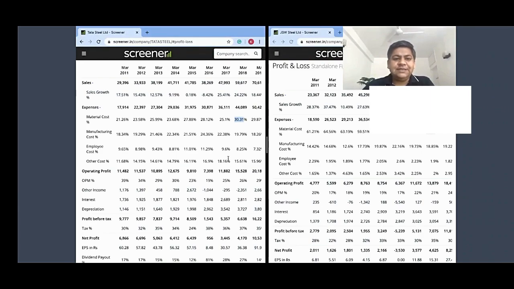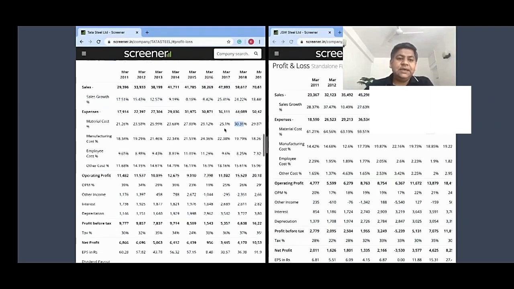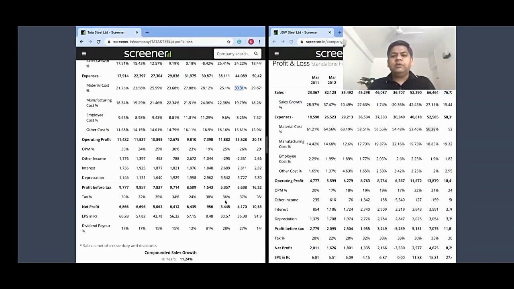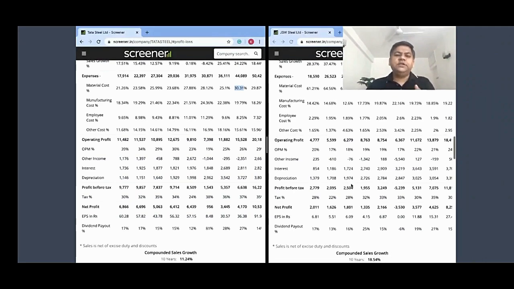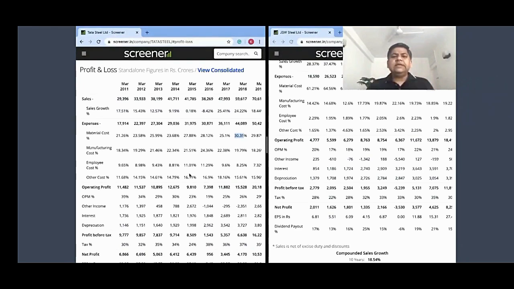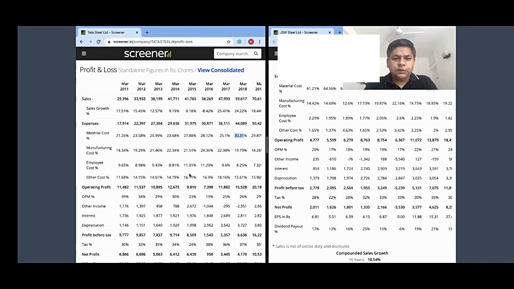So if I see standalone, Tata Steel is having an edge over JSW Steel. Now, I don't want to recommend that you buy Tata Steel here, but I want you to go and identify more numbers, compare more heads between them, and try to understand which company has an edge over the other, and select the one most favorable to you. Now, I'll look at the consolidated one.